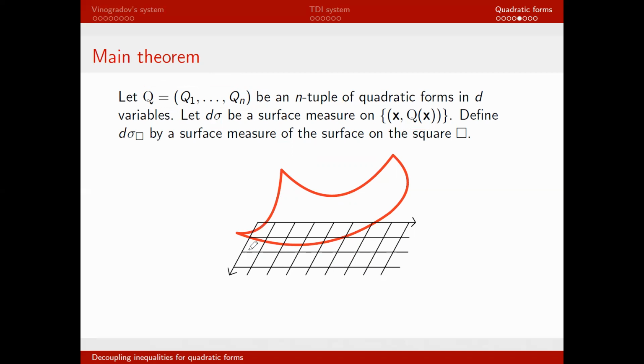So what we do is we take squares on the domain, and then we look at the image under the function Q. So we have this smaller piece of the manifold, and we define the surface measure on it.